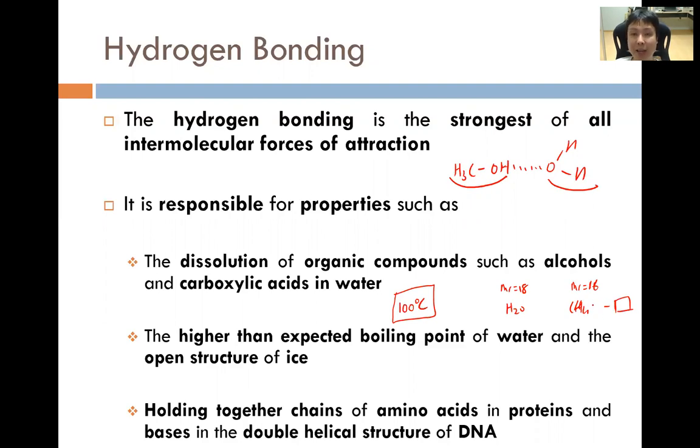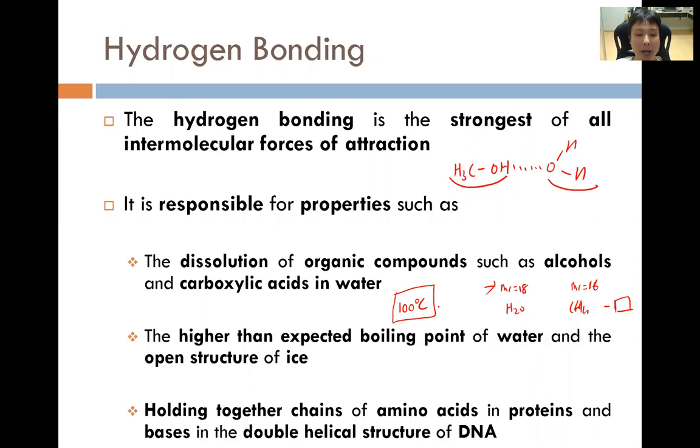And of course, if it's a gas, it's not going to be useful for the human body. It's not going to be able to act as a liquid to dissolve compounds so that reactions can happen in it. It's not going to be able to be contained within our body such that we can use it as a coolant, and so on and so forth. So it's important that water has hydrogen bonding so that even though it has a significantly small MR, it can still exist as a liquid that can serve the purpose that all life depends on.